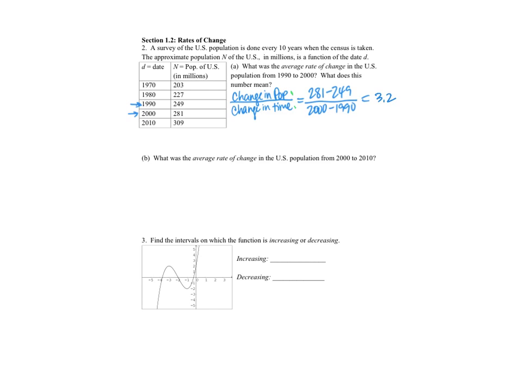So the units of this are million people per year. So what that means is that in that time frame from 1990 to 2000, the population was growing at approximately 3.2 million people each year.